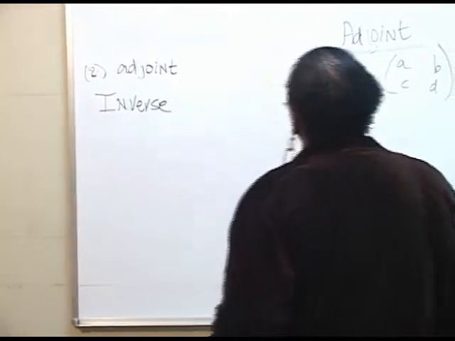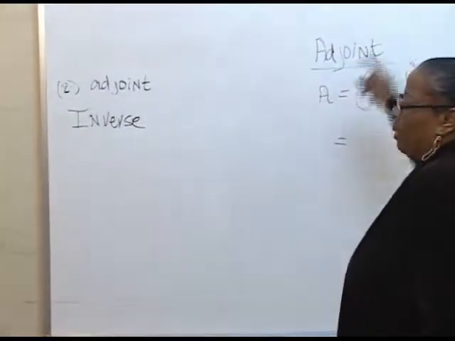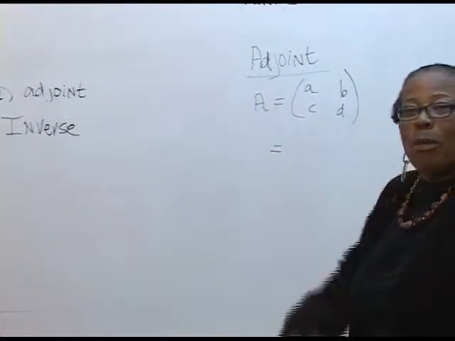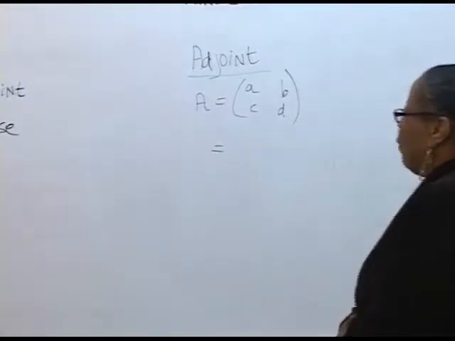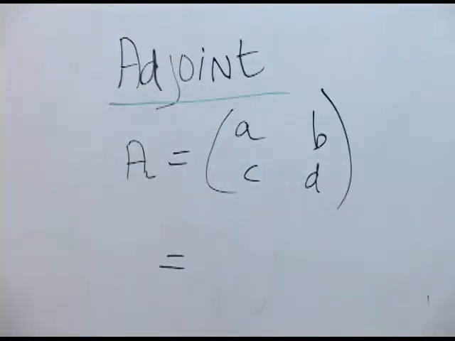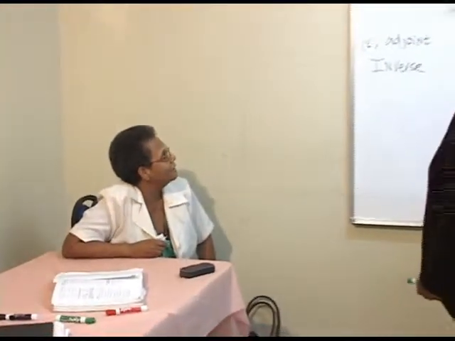Elizabeth, we're going to be introducing the adjoint. In terms of the matrix, how would we be defining that? If we gave them a generalized form of a matrix that says A is equal to, and we have the elements A, B, C, D, what is the procedure? Just like the determinant. Yes. We exchange those numbers along that line that we took first with the determinant.